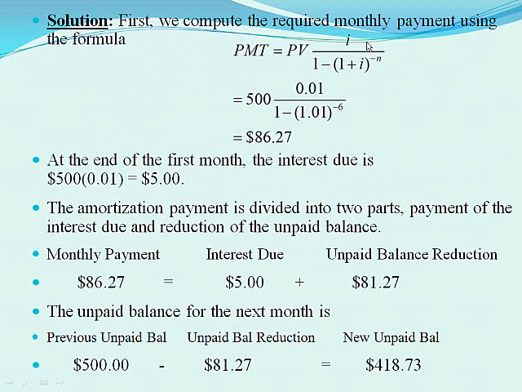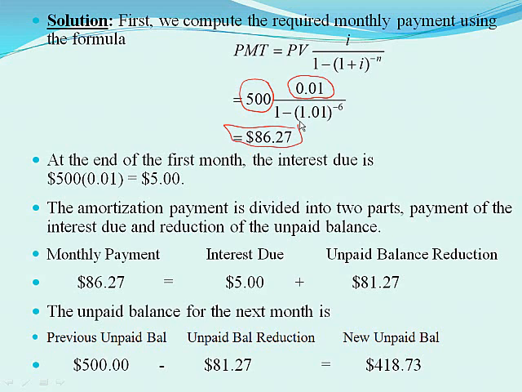So we need to calculate the monthly payment using the amortization formula, substituting the loan amount as 500, monthly interest rate as 1%. We will get a monthly payment of 86.27.